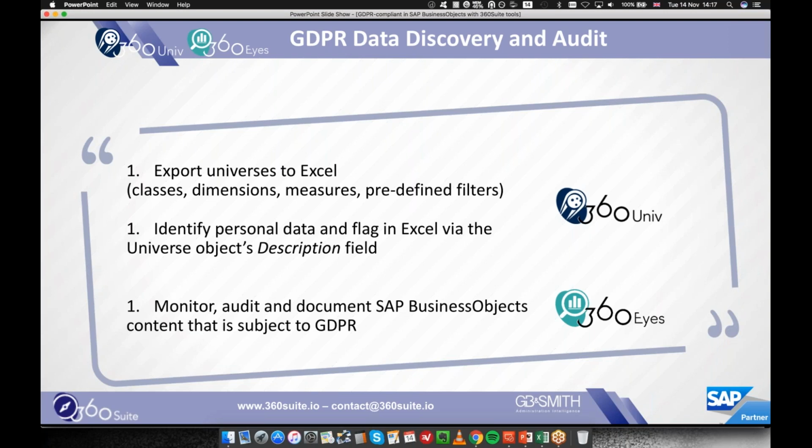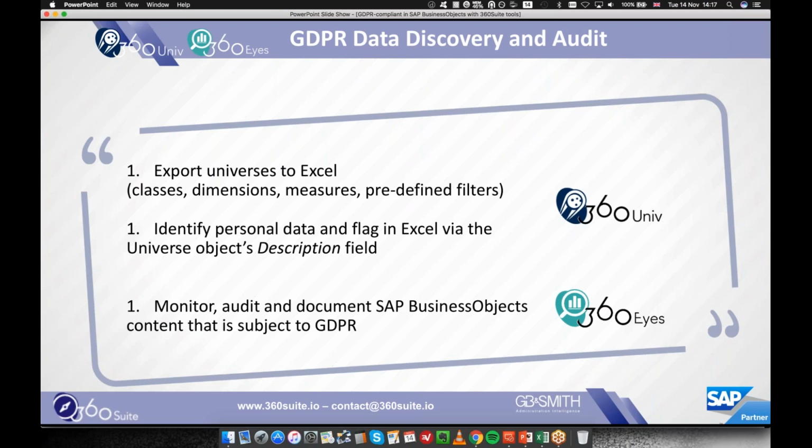Then you will be able to re-import the Excel spreadsheet, all that universe metadata, using 360 Univ again, and it will update that universe that is available in your Business Objects repository. The outcome will be that for all those universe objects that are GDPR, you will have that flag in the description that tells you that this is personal data.